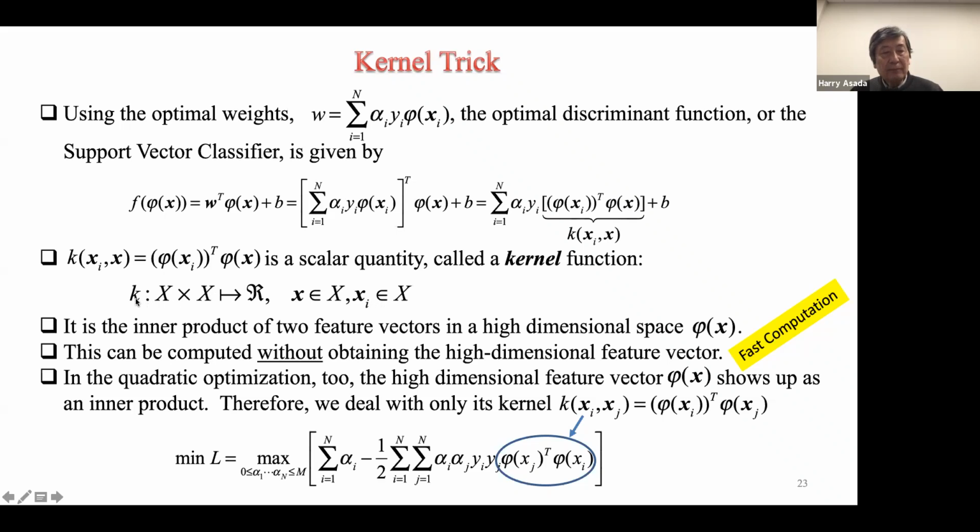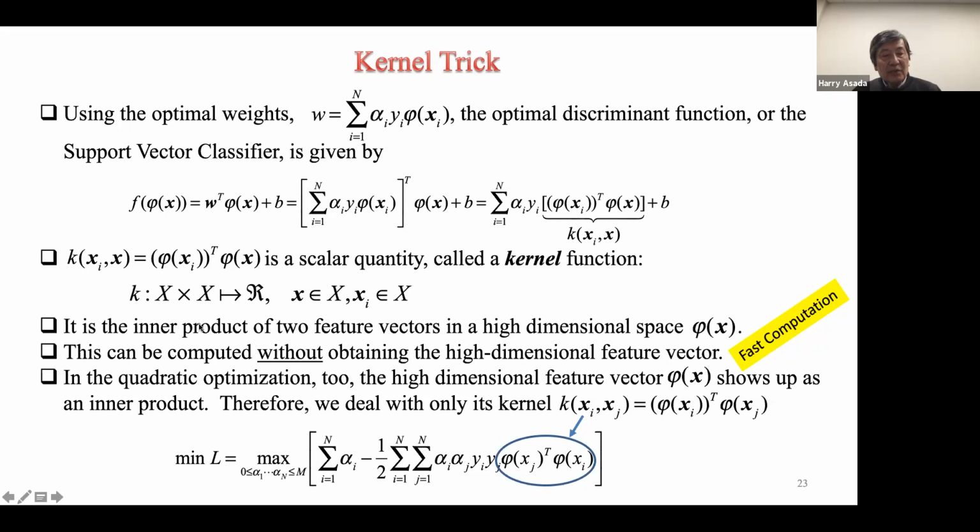So the kernel function K takes vectors in the space capital X, the same space where phi of x resides, to a scalar real quantity. That is what defines this kernel function. It is an inner product of two feature vectors in a high dimensional space, because phi of x is typically higher in dimension than x.